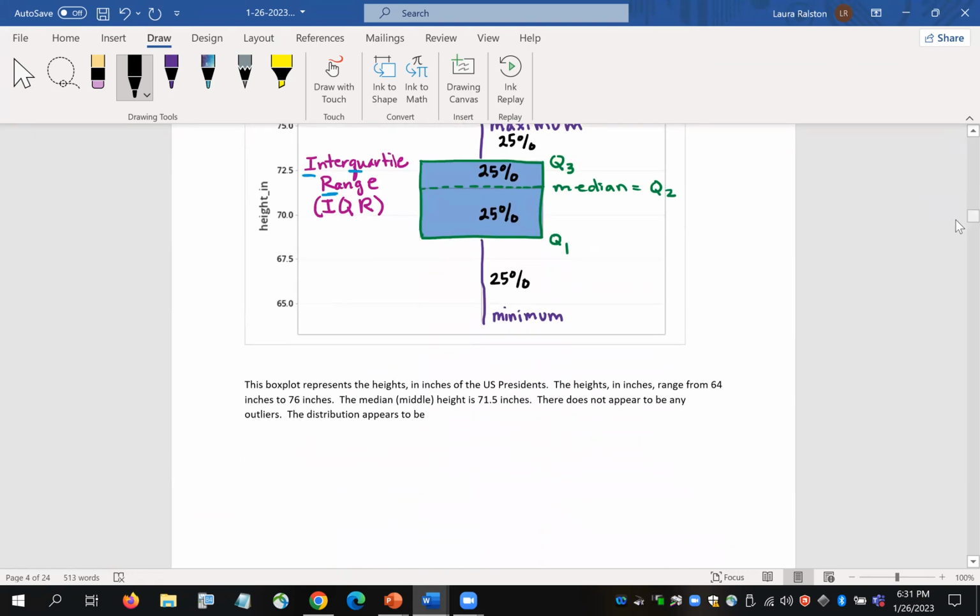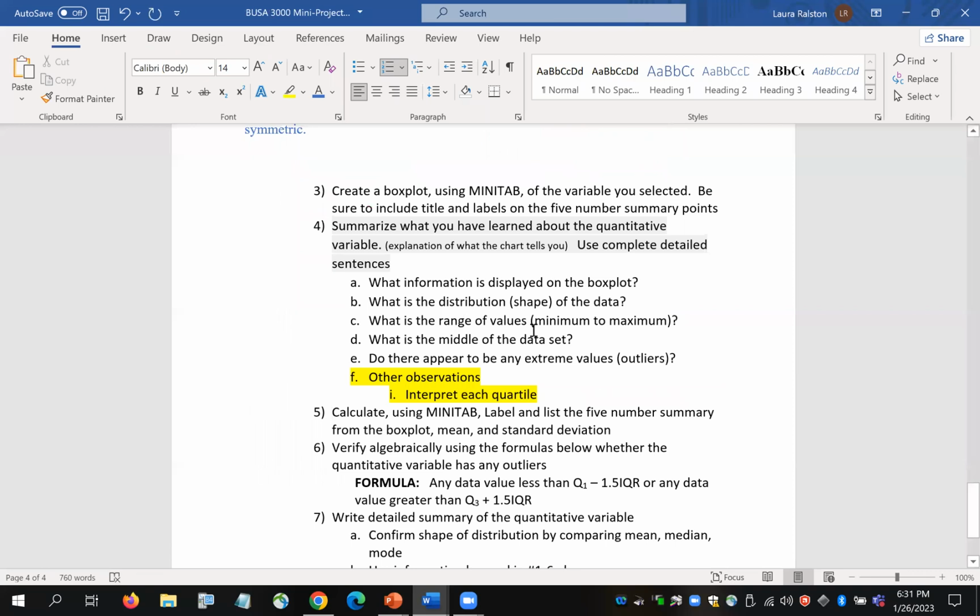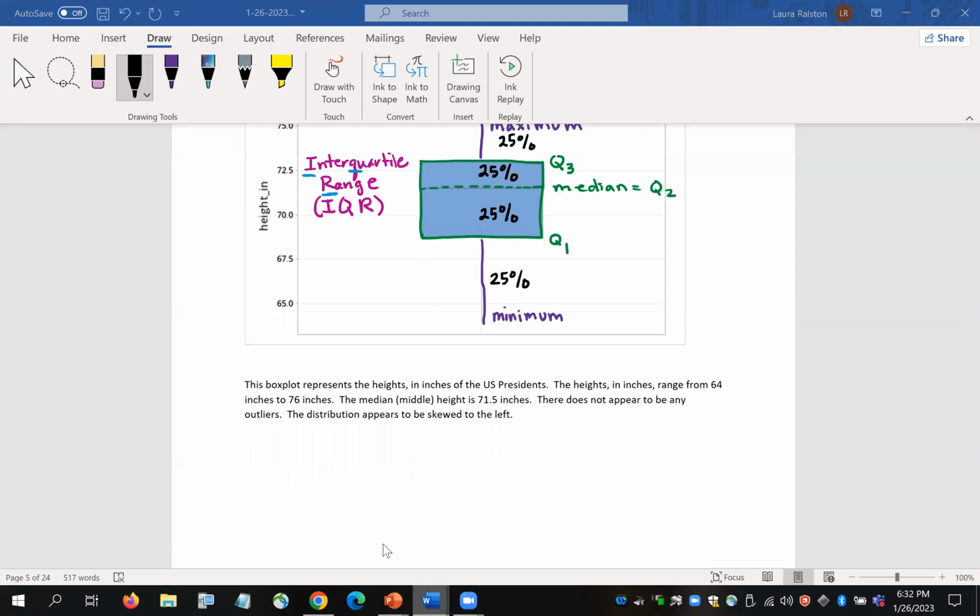So I really should also say that my box plot is skewed to the left, meaning that my box itself is up further on the high end than it is on the low end. And then we need to interpret the quartiles.